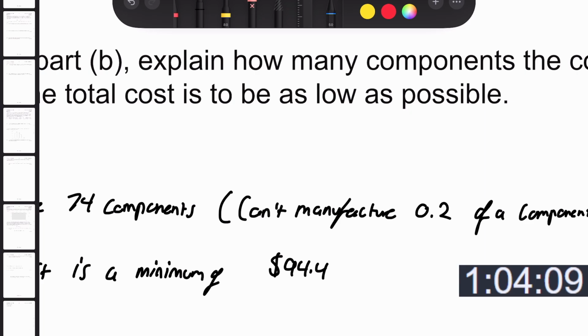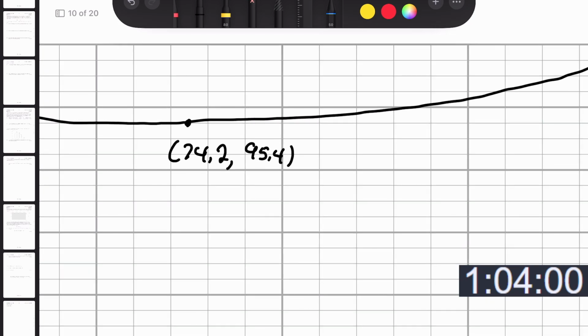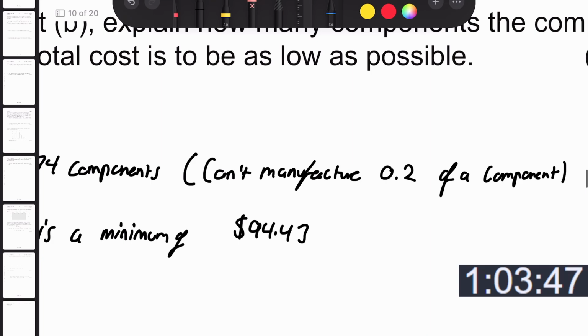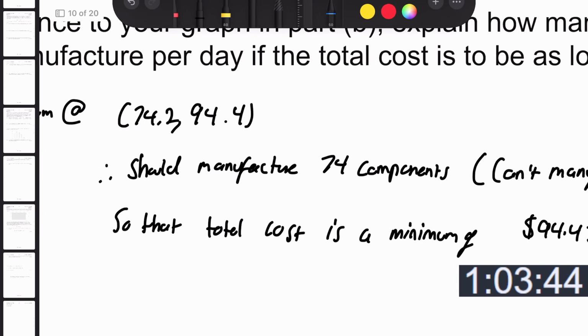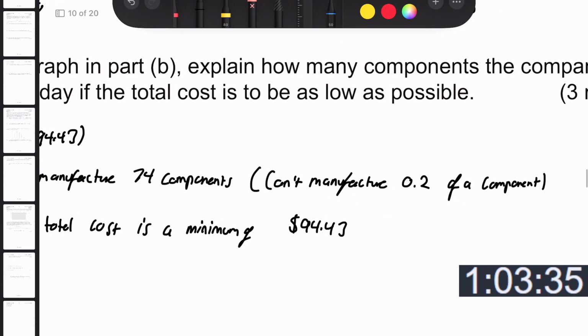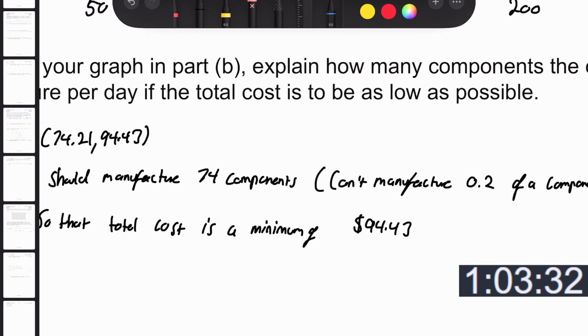Should I give it 2 decimal places? Maybe. G-Solve minimum. 94.43. Cost is 94.43.